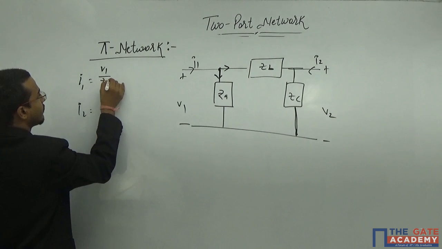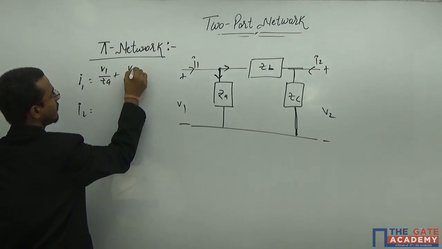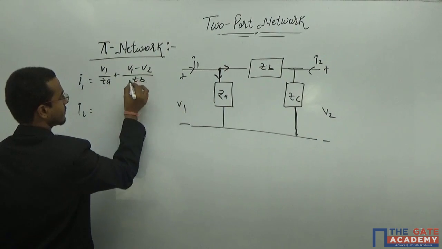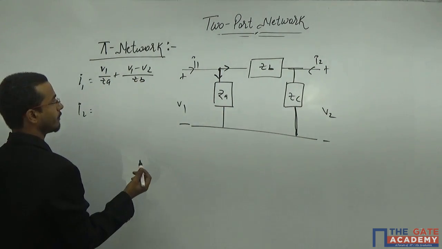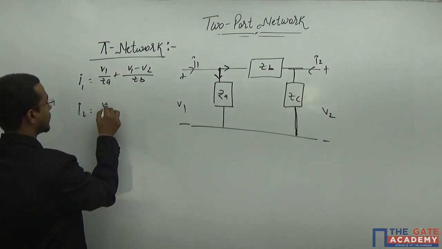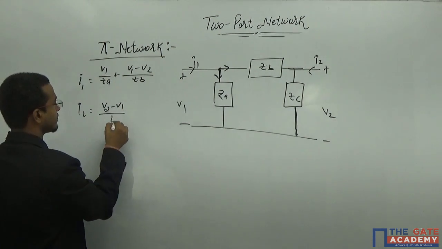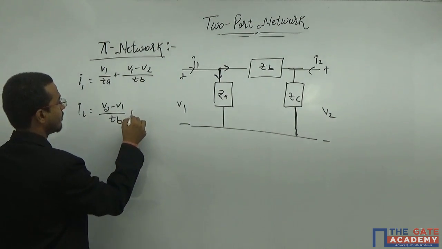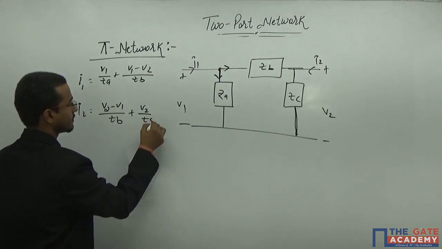That means V1 by ZA plus V1 minus V2 by ZB. On the second side, that means V2 minus V1 by ZB plus V2 by ZC.